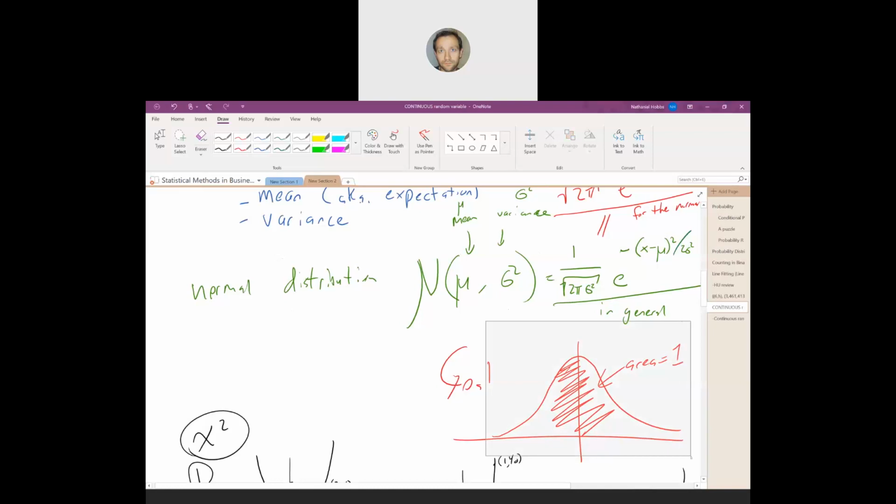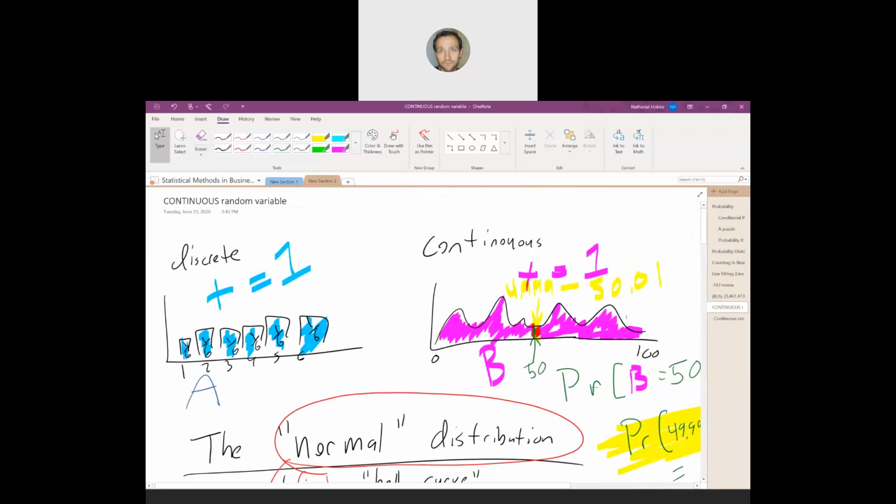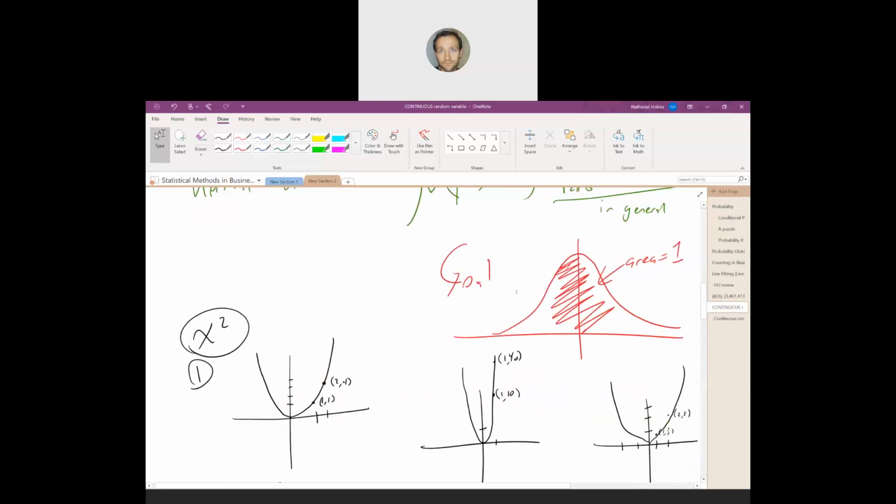Which is a really surprising thing, because you could have very complicated distributions like this one on the right. But if you sample it many times and take the average, and then you take the average of those averages, then somehow this thing on the right will look like this.